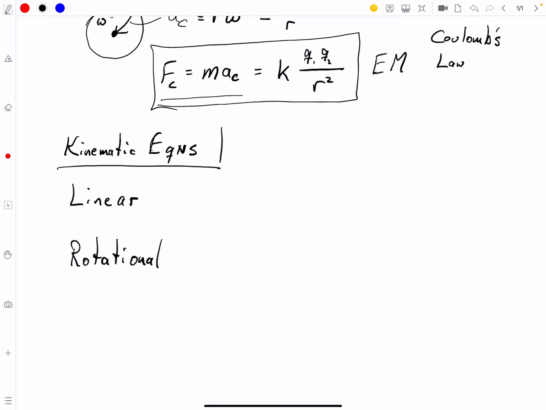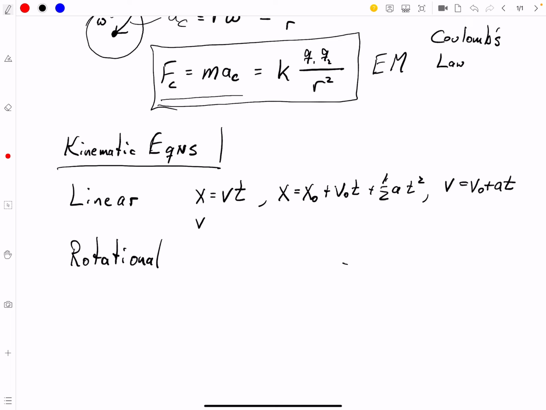The linear equations, I'm just going to write them out. Our distance is equal to our velocity times time. We also had our distance is equal to our initial position plus our initial velocity times time plus 1/2 our acceleration times time squared. We had the velocity is equal to our initial velocity plus our acceleration times time.